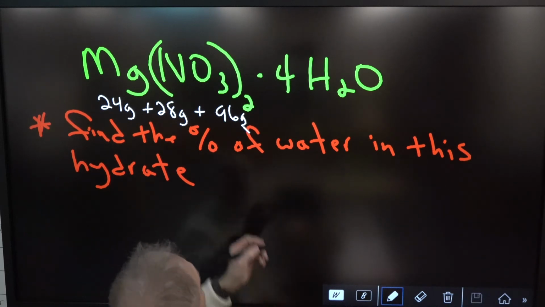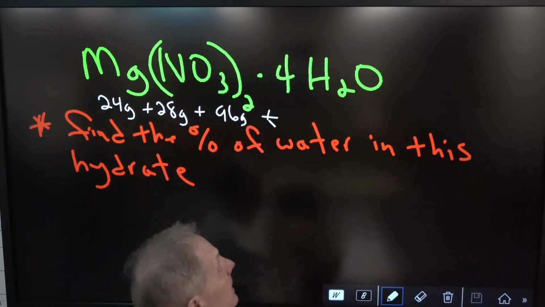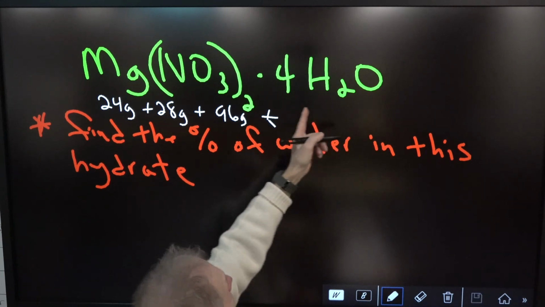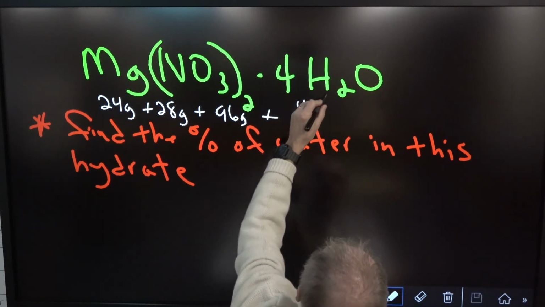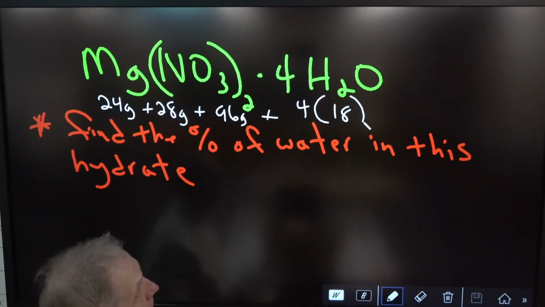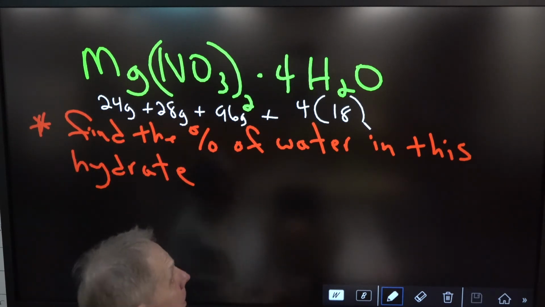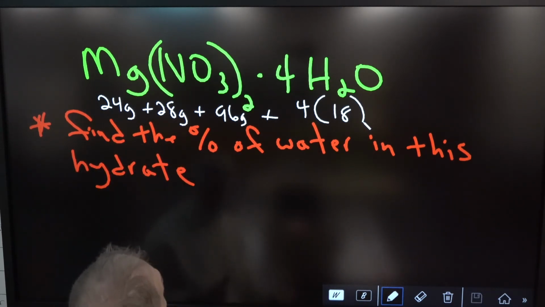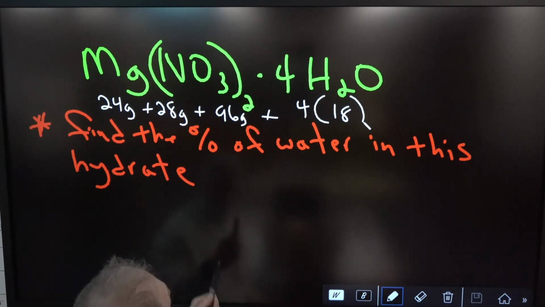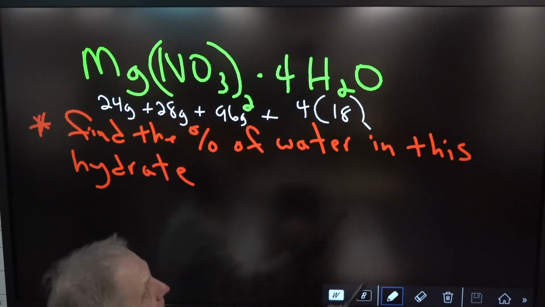It means add them. So plus, and the way I like to do it so you don't screw up, is water weighs 18, so it's plus 4 times 18. That's the easiest way to do that. Now we have figured out all the masses, and all those masses add up to 220 grams. That's the molar mass of that whole thing.